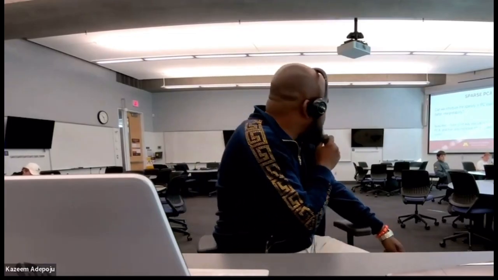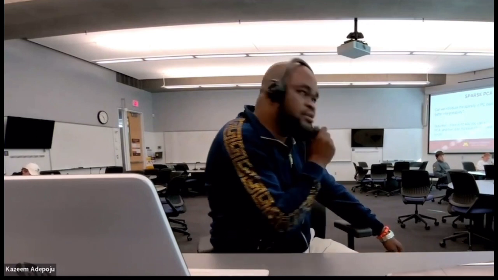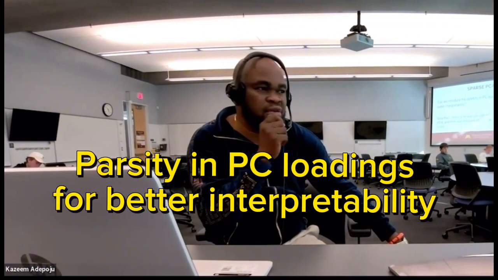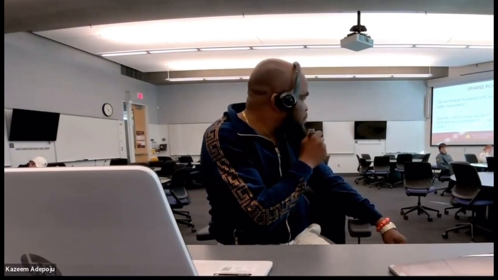Okay, so that was why I said, can we introduce sparsity in PC loadings such that we get better interpretability? Statisticians, machine learning experts, we think a lot. And don't forget, the PC loadings means the principal component loadings, which are the weights, the contribution of the original features to the principal component.